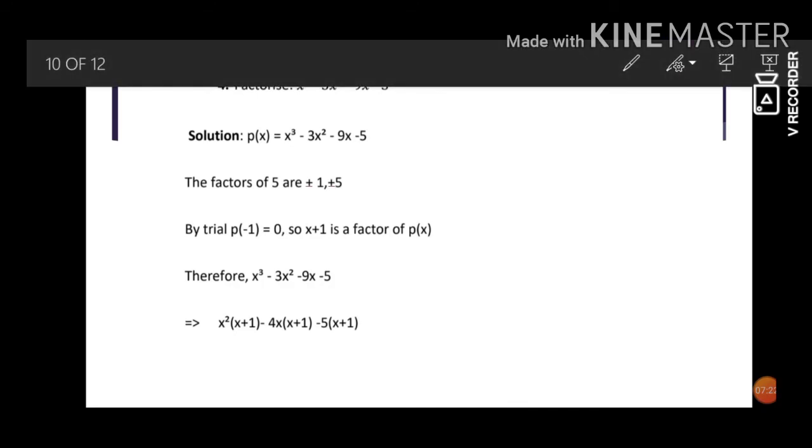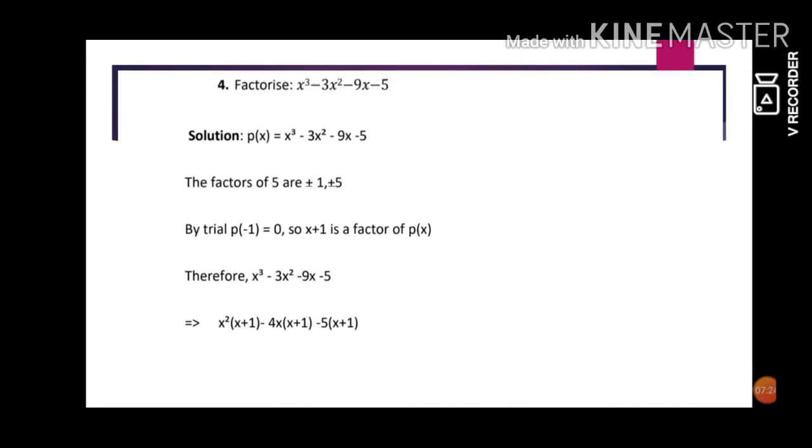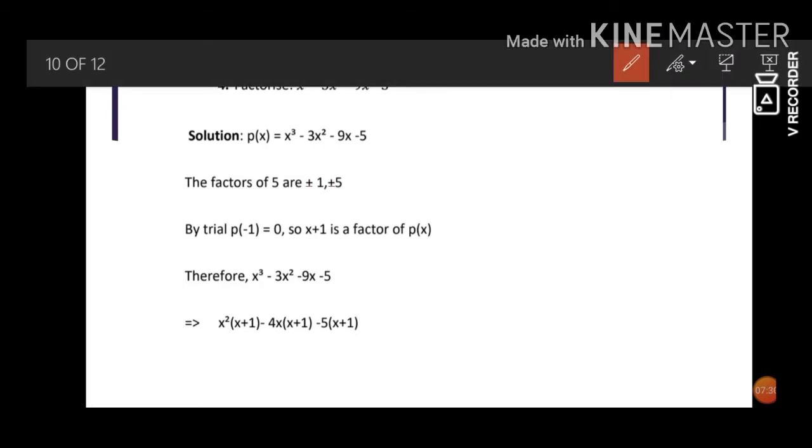And lastly we have the factorization of x cube minus 3x square minus 9x minus 5. Here, the factors of the last term 5 are plus minus 1 and plus minus 5.